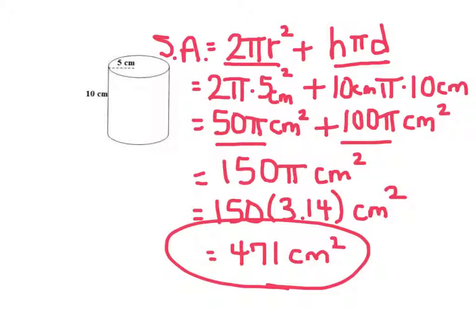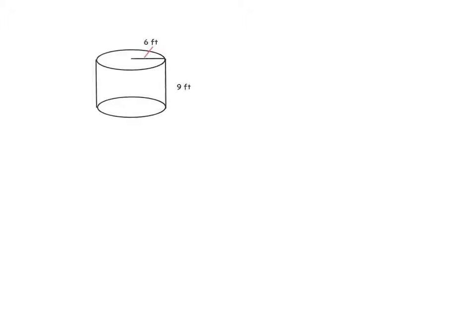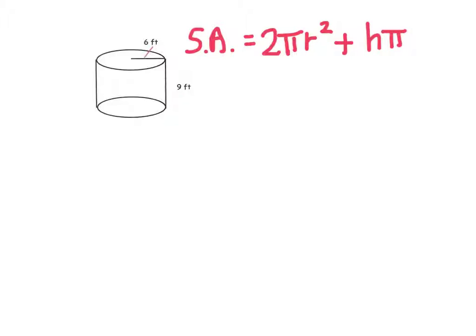All right, let's try another one. All right, let's start with our formula. Okay, surface area is going to equal 2 times pi times radius squared plus the height times pi times diameter.